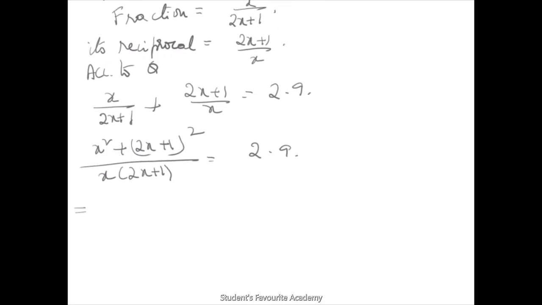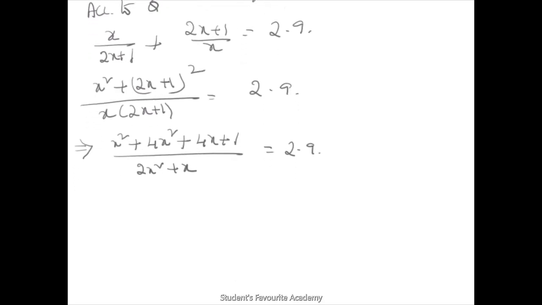Okay, so this implies x square plus, if you apply a plus b whole square, it will become 4x square plus 2 into 2x into 1, that is 4x, plus 1 square is 1, upon 2x square plus x is equal to 2.9, right? So this implies x square plus 4x square is 5x square plus 4x plus 1 is equal to 2.9 into 2x square plus x, right?